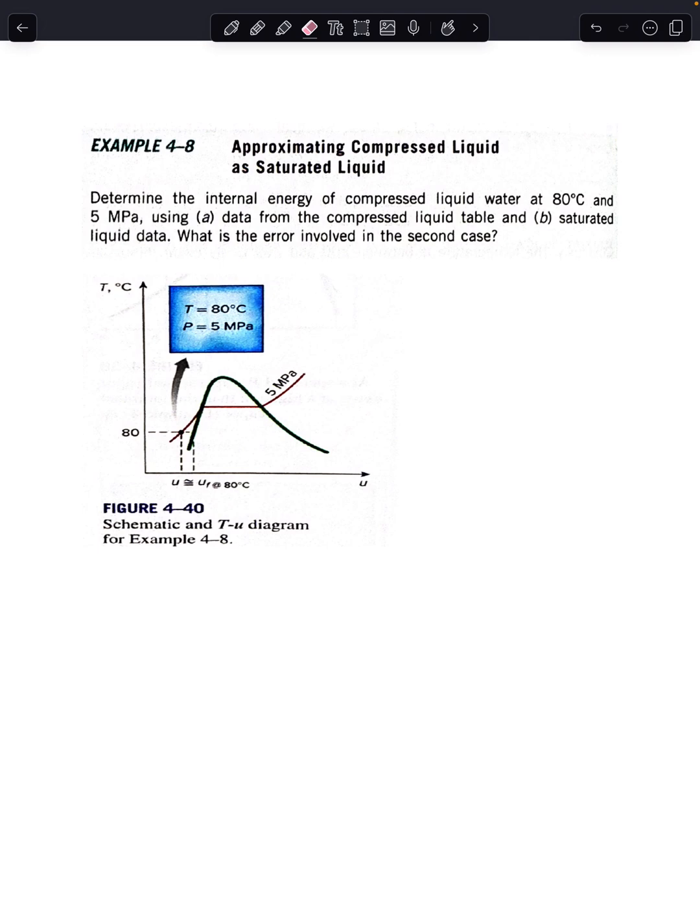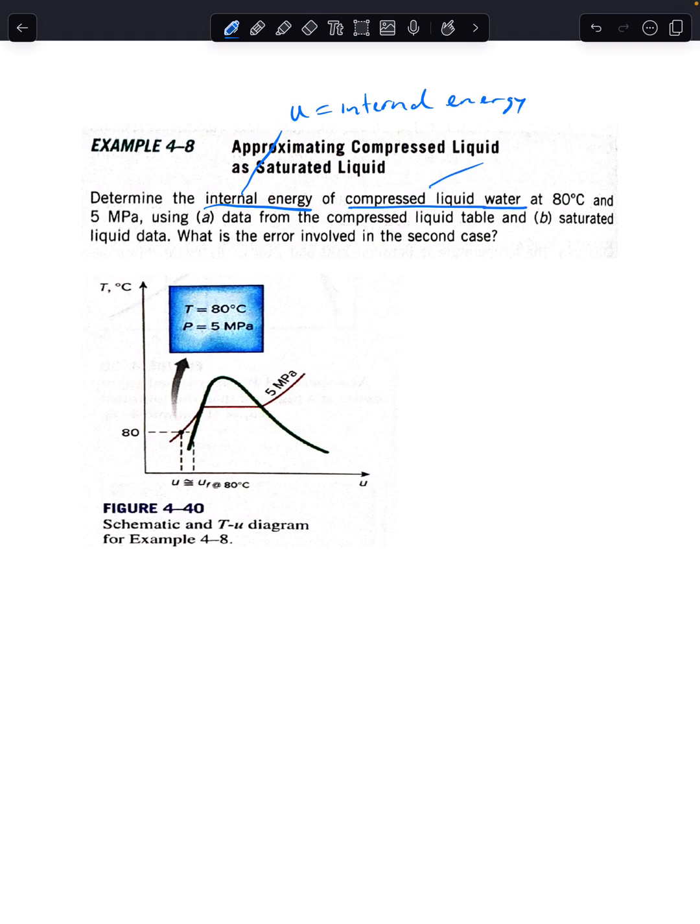We have to determine the internal energy, U, of compressed liquid water.